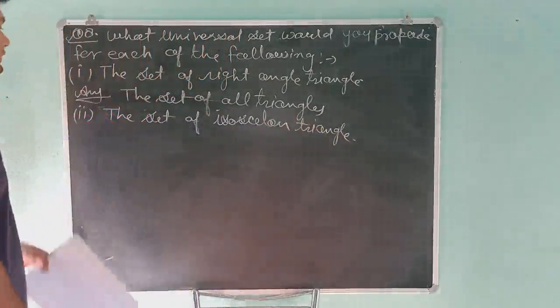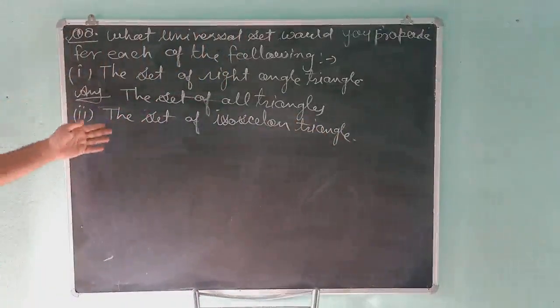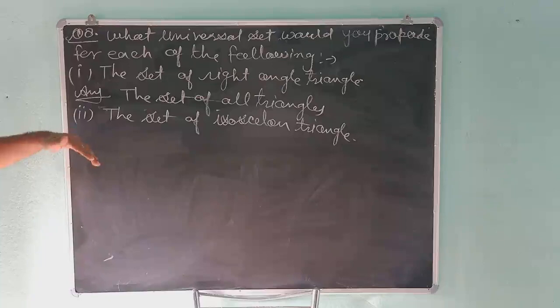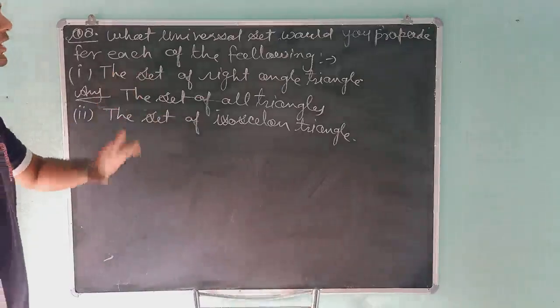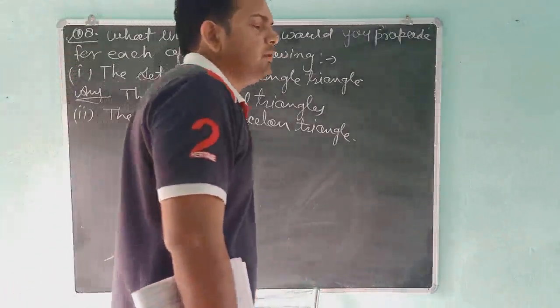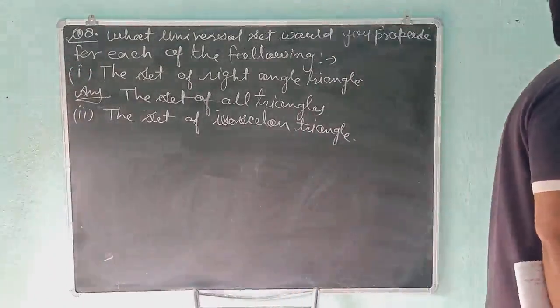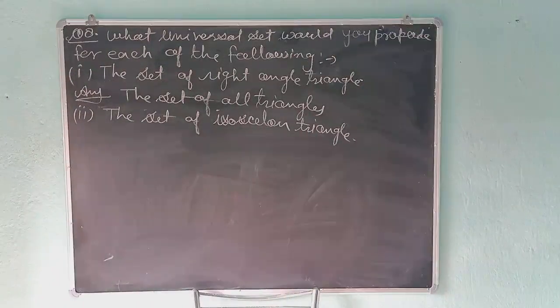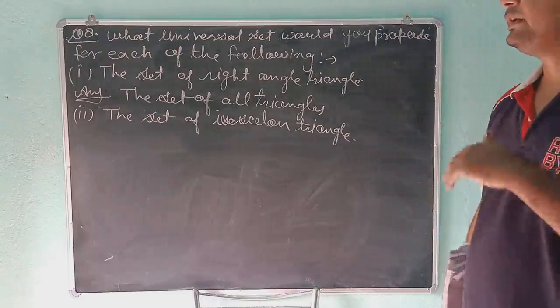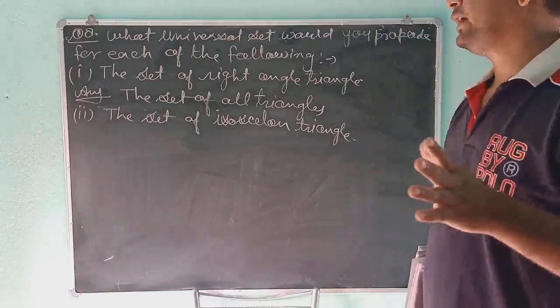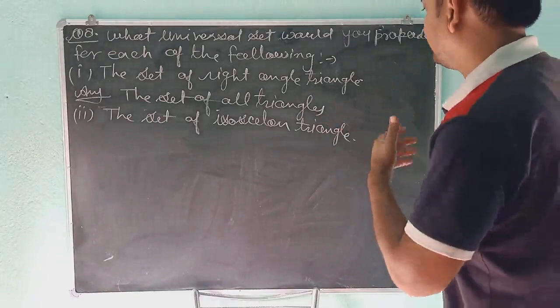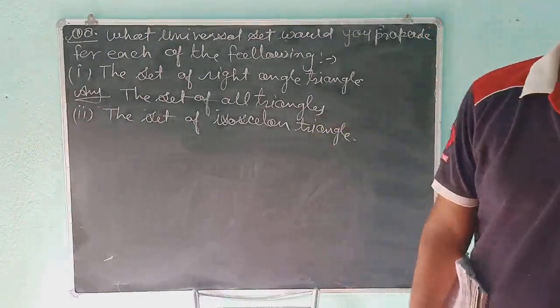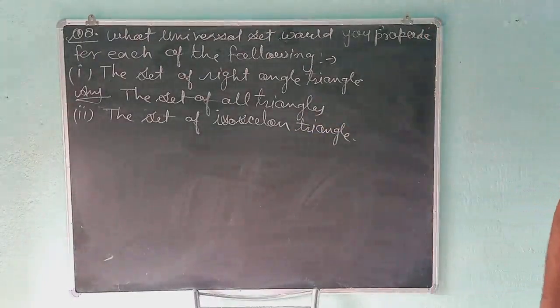So students, this is also the answer of the second question: the set of all triangles. All triangles means there will be equilateral triangle, isosceles triangle, scalene triangle, all types of triangles will be there. So that type of set can be assumed as a universal set.